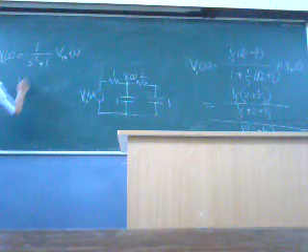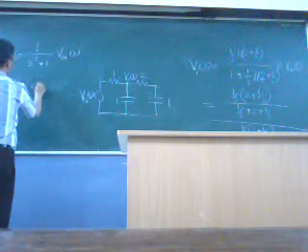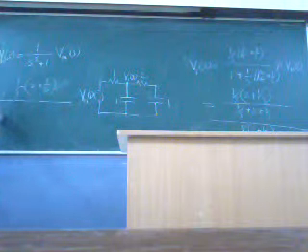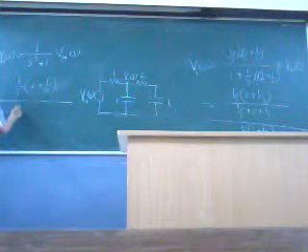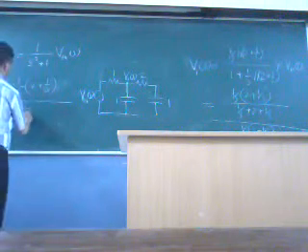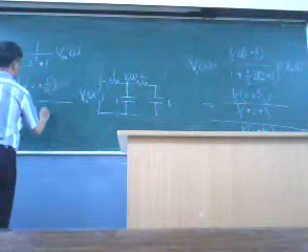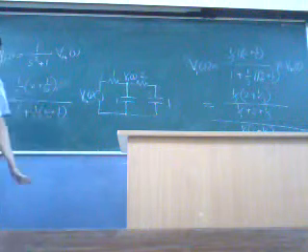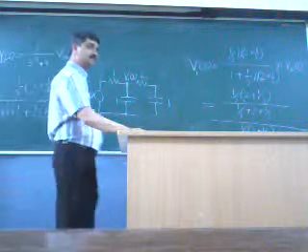1 upon S into 2 plus 1 upon S upon 1 upon S plus 2 plus 1 upon S plus 1 upon S into 2 plus 1 upon S. Is it clear? So what will we further get?